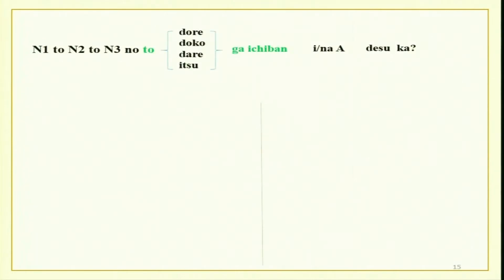Now, there is another word Ichiban, and Ichiban means first, but over here we are going to use Ichiban in a different way. Now, what is the meaning of Ichiban over here? Means most. So, noun 1 to, noun 2 to, noun 3 to. There is a mistake over here.